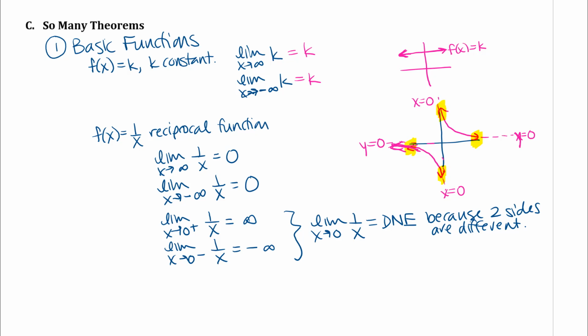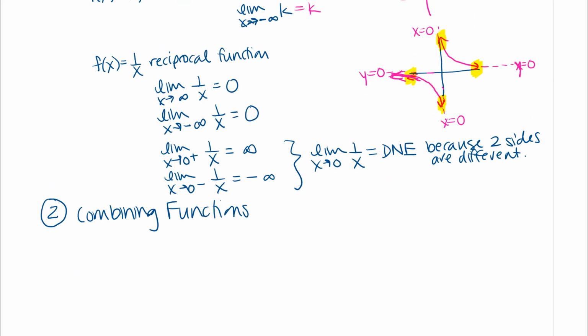And then the other important idea is that once you have some sort of basic functions, you can prove some theorems about combining functions. And our textbook states some of these. So for example, if I know that the limit as x approaches infinity of one function f of x is one real number, we'll call that L. And I know that the limit as x approaches infinity of some other function, let's call that g of x, is some other number, let's call that M. Then I can combine functions in lots of different ways: addition, subtraction, multiplication.